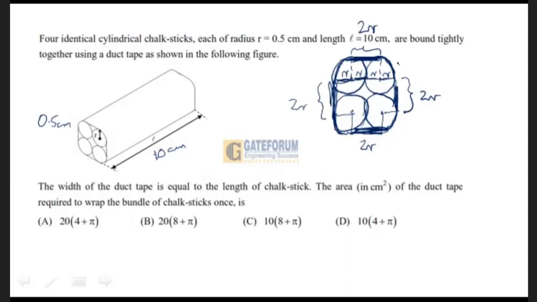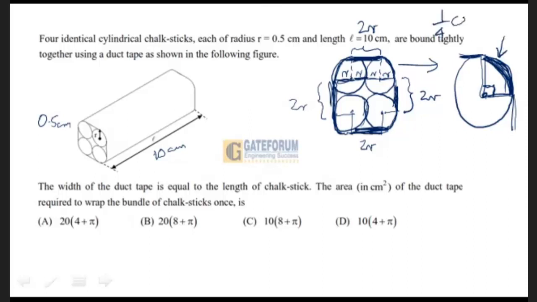Now, let us take this chalk. Let us draw a bigger diagram. Say suppose this is the chalk. Now you see the duct tape has come till this. The duct tape has again gone till this. And the rest of the portion, the duct tape is along the chalk. But then this is a 90-degree angle, which means that this length is 1/4 of the circumference of the circle.